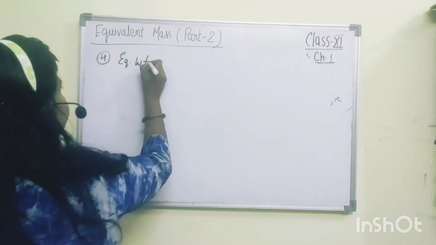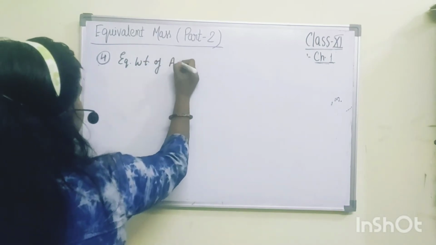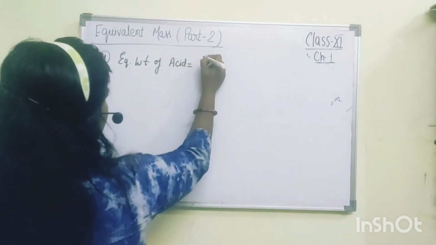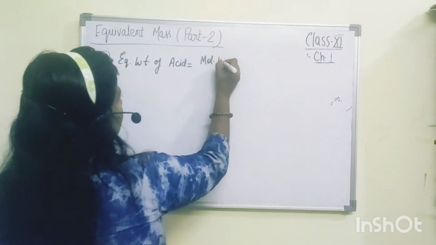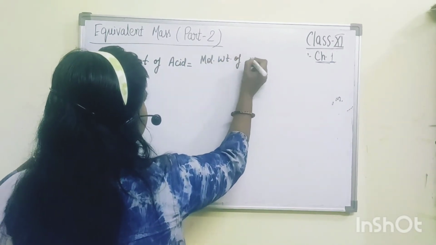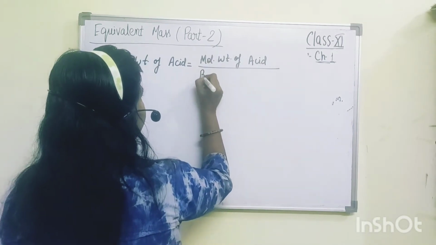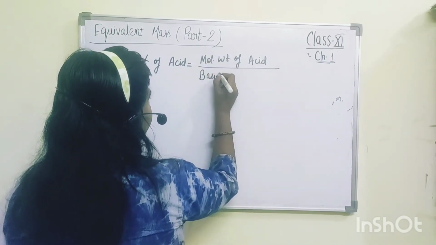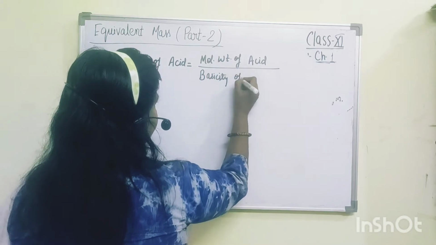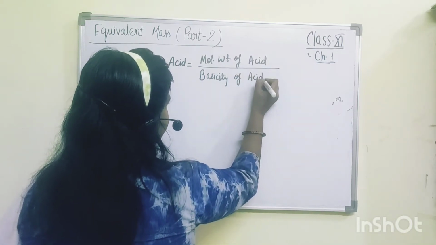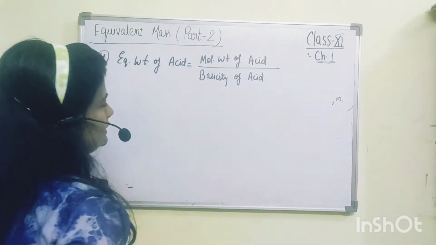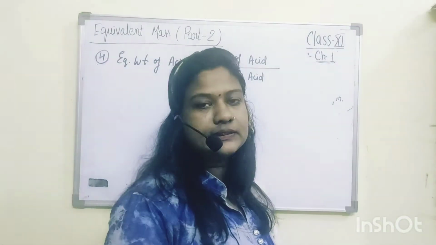Equivalent weight of any acid. The formula is molecular weight of acid divided by basicity of acid. What do you understand by basicity of acid?